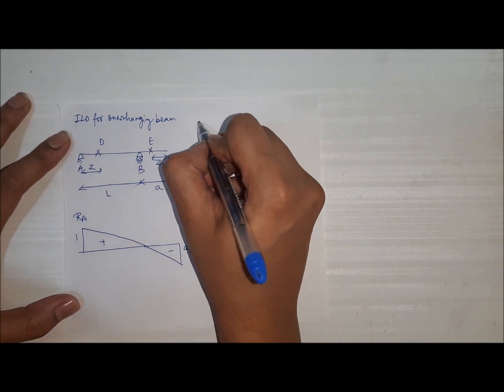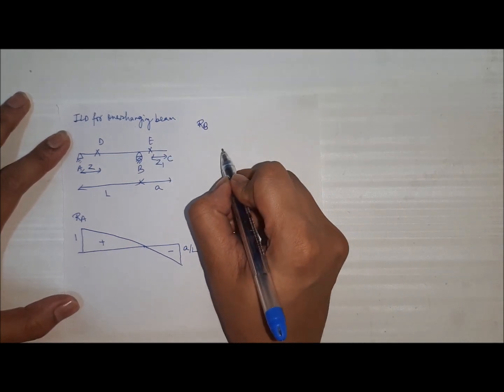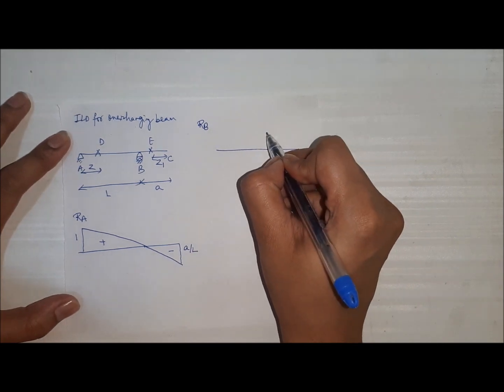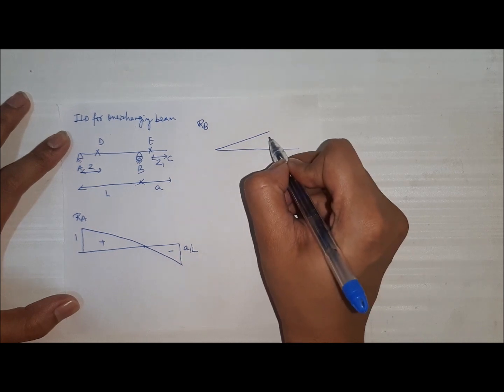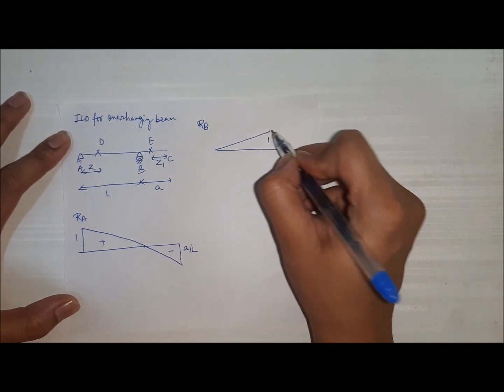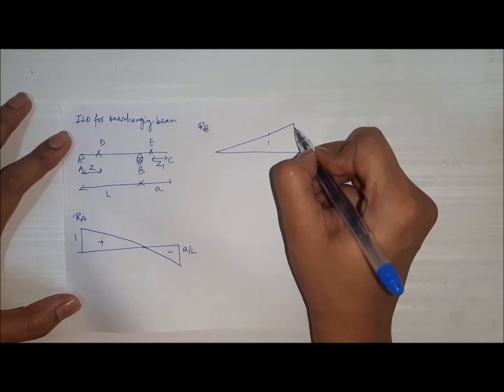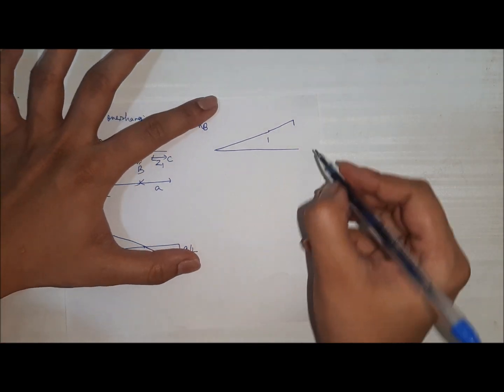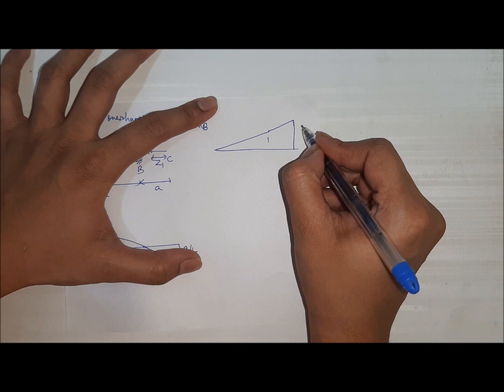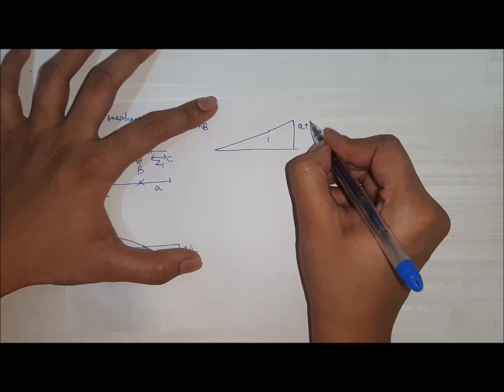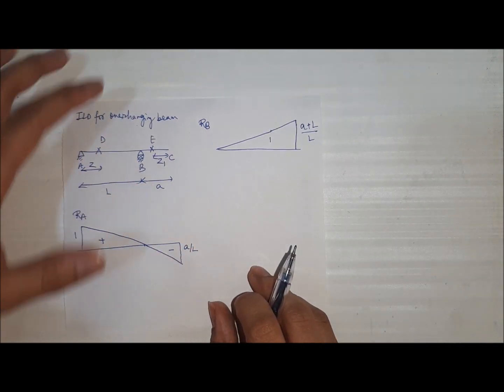Now we will plot the ILD for RB. We will lift the end B with unit dimension like this. The beam will go straight upwards, as again the portion BC is free. We will have this height as A plus L by L.